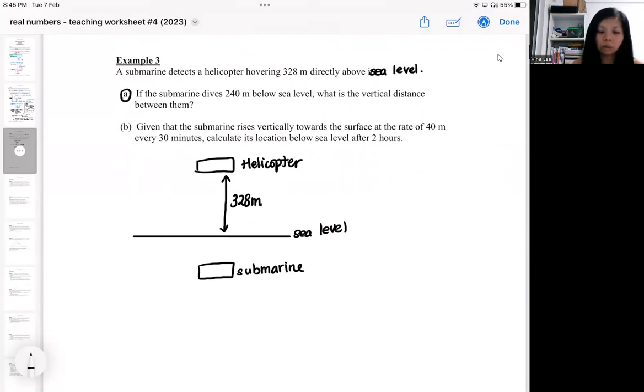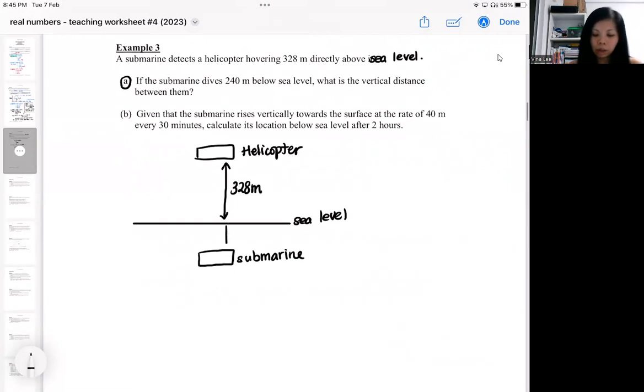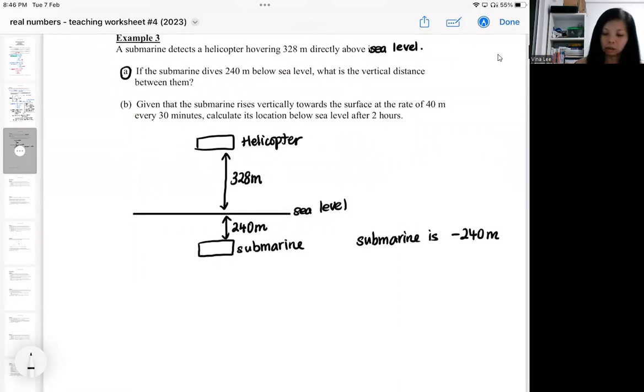Okay, in part A, we know that the submarine is 240 below the sea level. So essentially the submarine is minus 240 because it's below. So we want the vertical distance. If you look at the diagram, the vertical distance is quite obvious, how far they are apart from each other. If you do just based on the diagram, you realize that you just need to add.